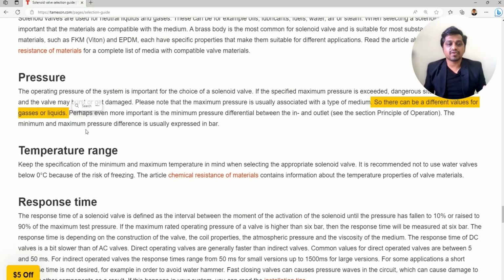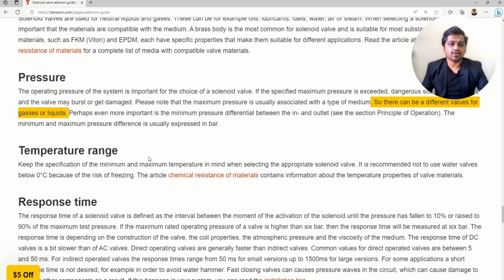There can be different valves for gases or liquids, or the same valve can be used for gases and liquids, but the parameters might change. So we should know what is the media and how it will affect your selection, right? So this is the pressure parameter.